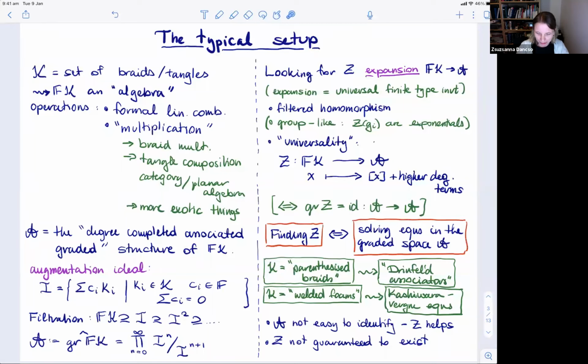But what is important is that there's a universality condition, and you can phrase this in a very abstract way and also in a very concrete way.